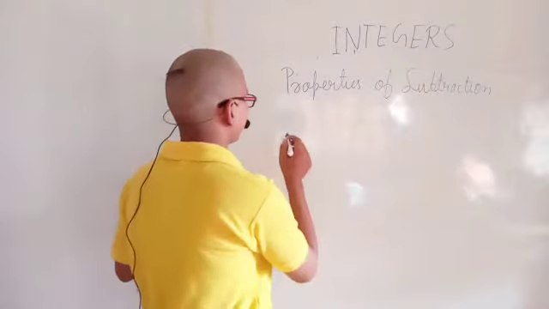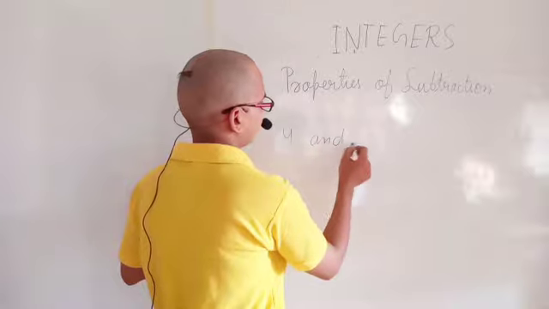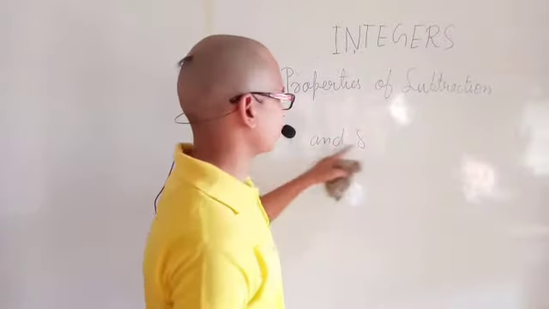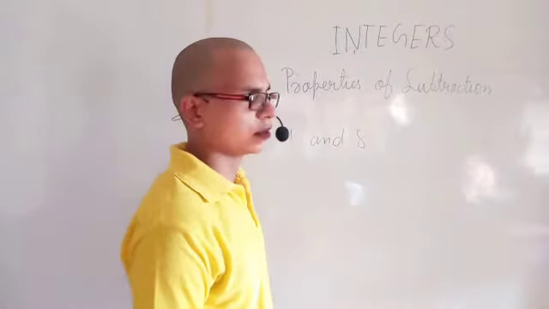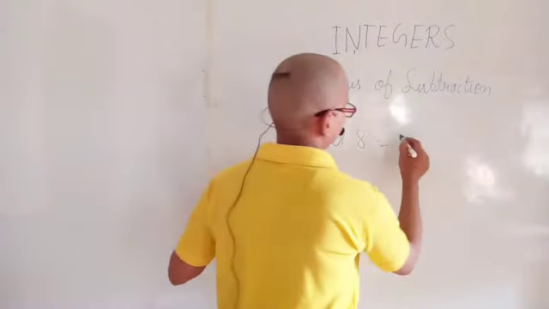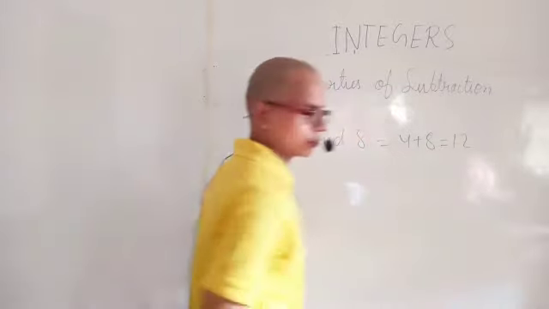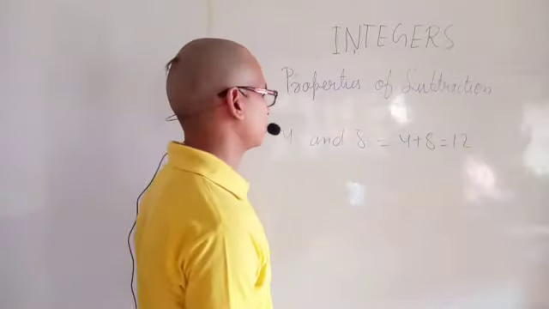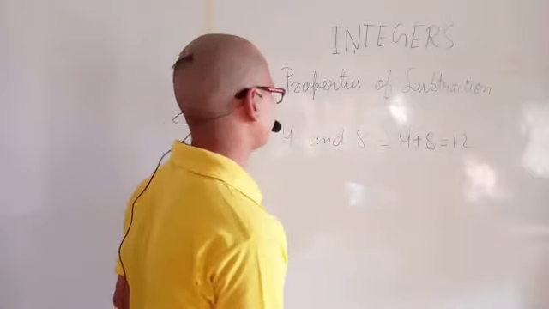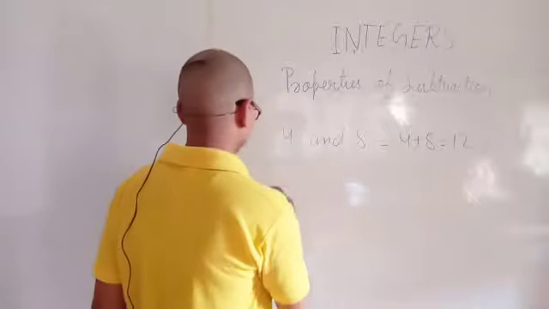If we are given 4 and 8, everyone knows the sum of 4 and 8 in a simple way, because 4 plus 8 gives 12. If we want to show addition with the help of a number line, we can also do it.